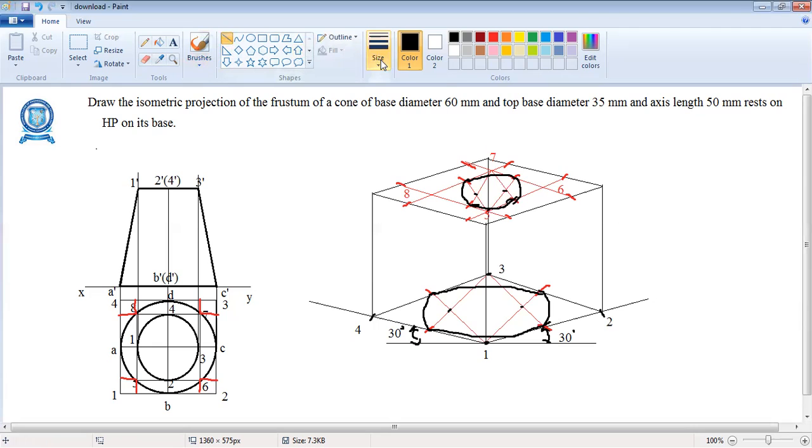Final step is to join the outer edges like this. Then you will get the isometric projection of the frustum of a cone.